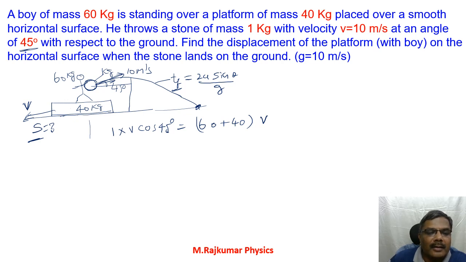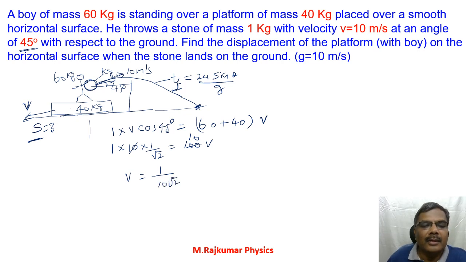That is 1 into 10 into cos 45, which is 1 by root 2, will be equal to 100 v. This can be cancelled, so 10 v. So this v will be equal to 1 by 10 root 2. This is the velocity of the platform moving back.